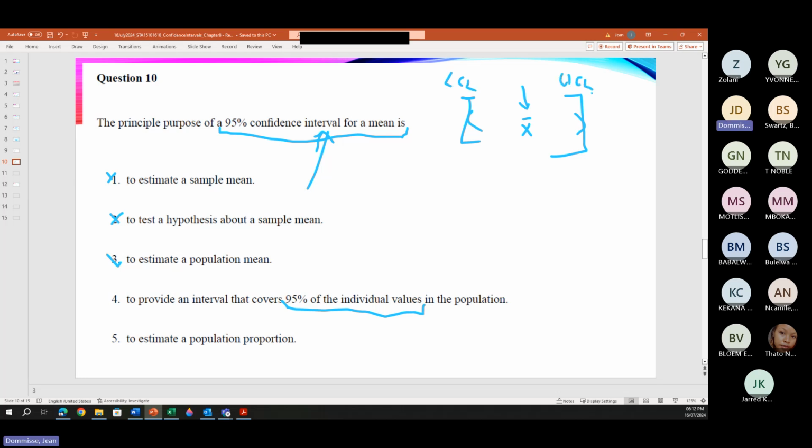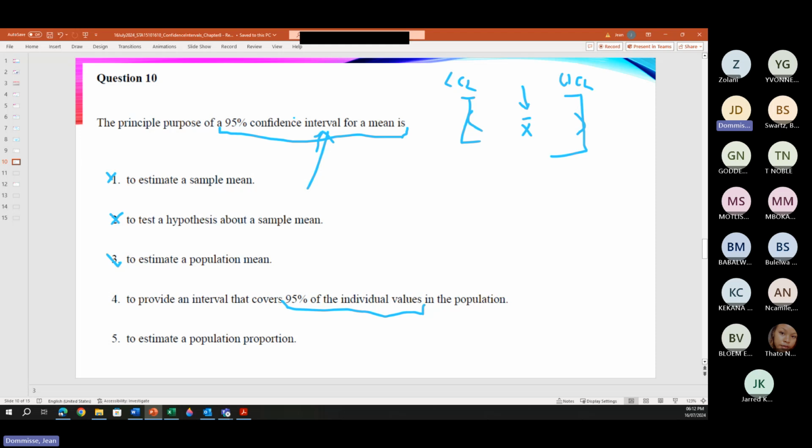That is basically what the confidence interval means. It tells me that with 95% confidence, with 95% probability, that population mean will lie between those two values. What that population mean is, we don't know. We just know that with confidence of 95%, it will lie between those two points.